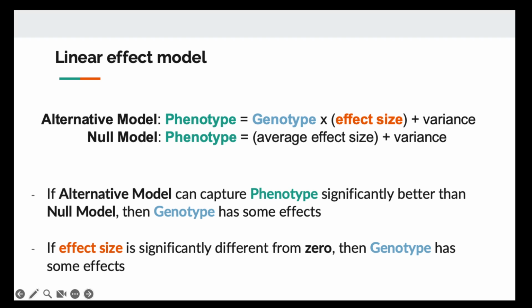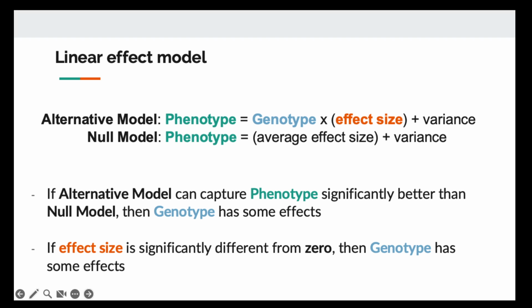We want to model the phenotype, in this case maybe the yield of the crops or the height of the animal, as a function of genotype times the effect of the genotype, and then plus some variance.